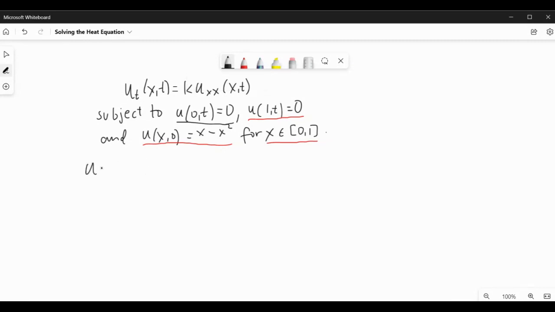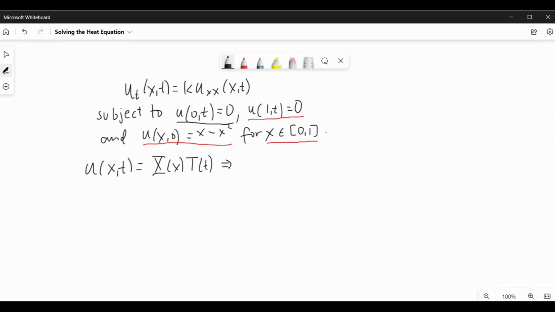The basic idea in solving this partial differential equation is to assume that our function will come in the form of a product of two functions, namely capital X of x times capital T of t.